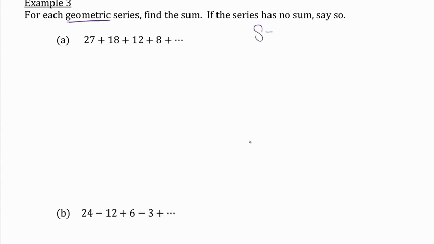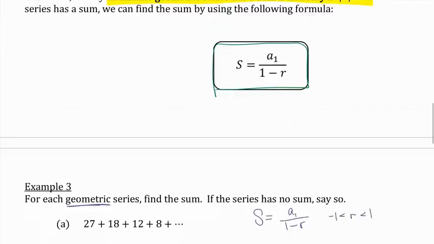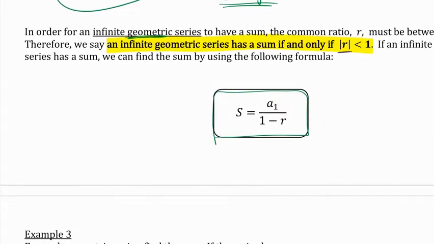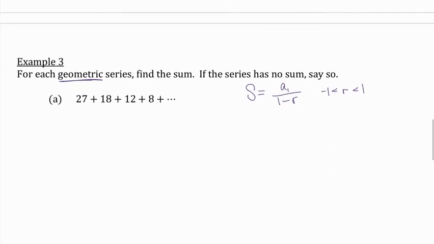So our sum is going to be the first term divided by 1 minus the common ratio. But I can only use that if R is less than 1 and bigger than -1. Because remember, we talked about the absolute value of R. So it can be a negative R, but it has to be between -1 and 1.